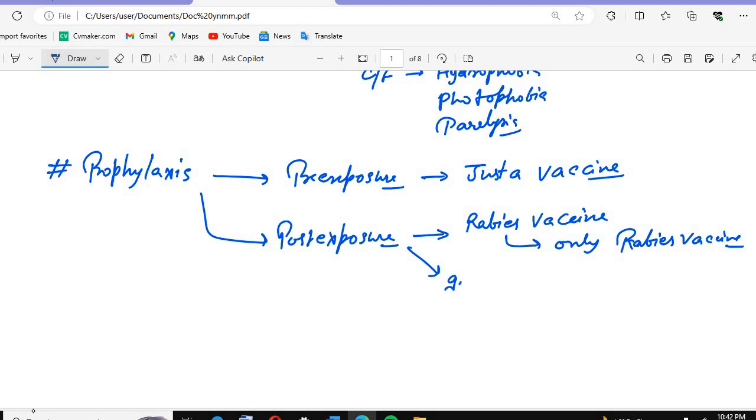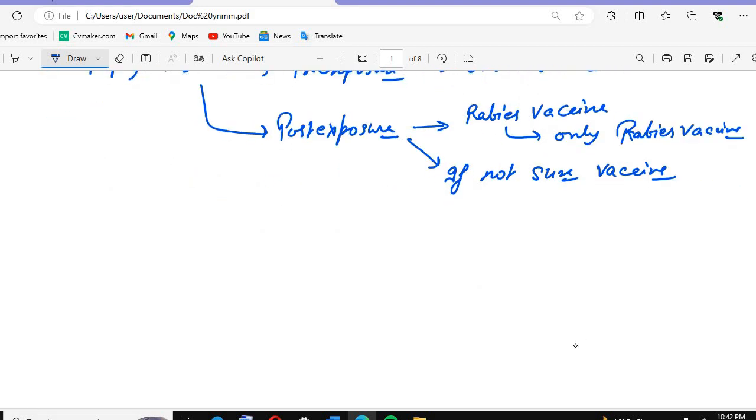If the person is not sure about the vaccine, or did not take the vaccine, in that case we will give the patient the rabies vaccine along with the immunoglobulins. If he already took the vaccine, then we will give only the rabies vaccine.